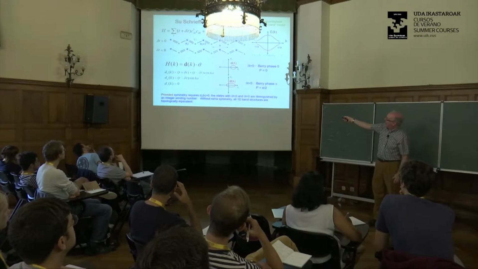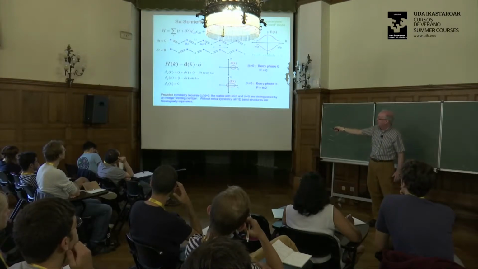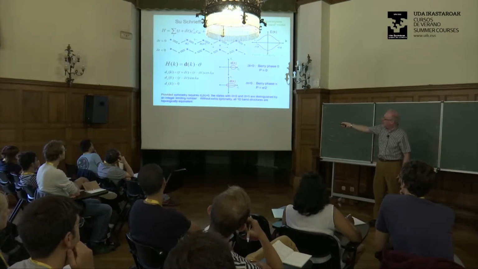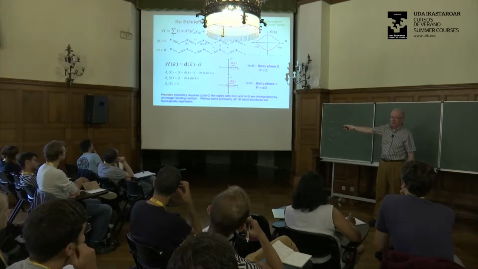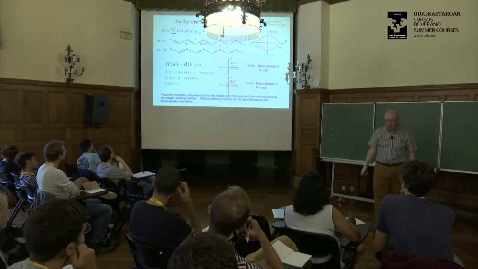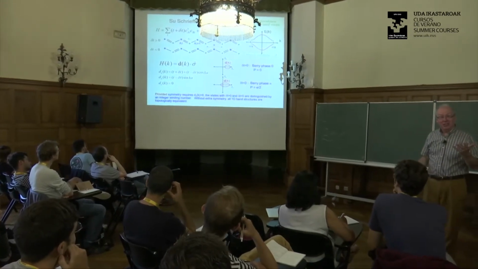So clearly the Hamiltonian only connects the A sublattice to the B sublattice. There's no same sublattice hopping, so the Z component, the diagonal component of the D vector, is going to be 0, and it only involves the x and y, and it's not too hard to work out that this is what it is. And so it's interesting to think about the electric polarization in this case.